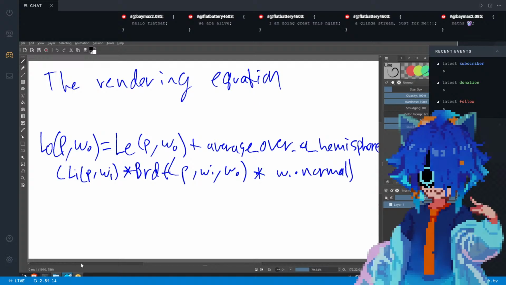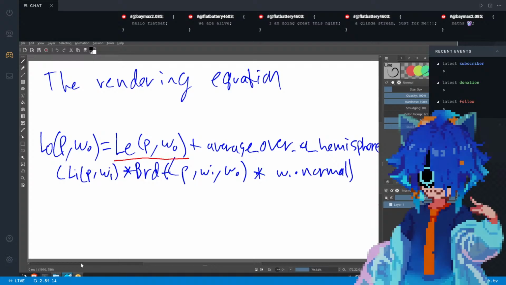Okay, so what the hell does that all mean? Well, this term says that if the surface is a light source, any light that we're generating is part of the output, right? That part makes sense. If we are emitting light, the output light will be the light that we emitted. Okay?